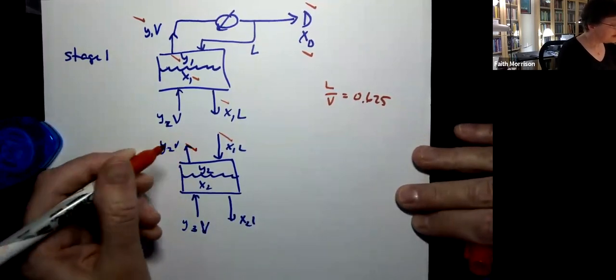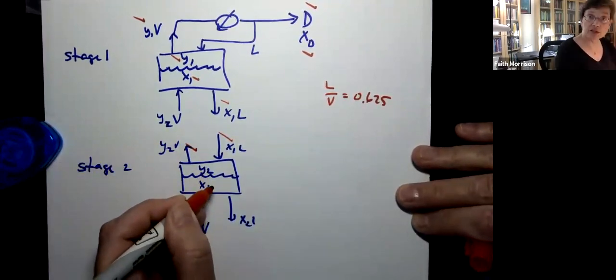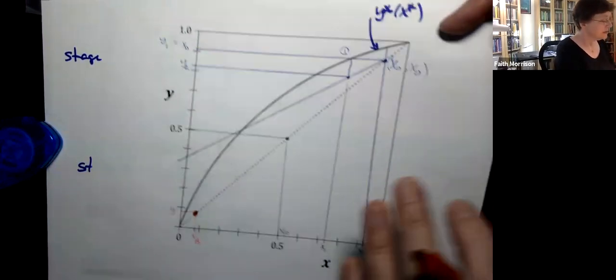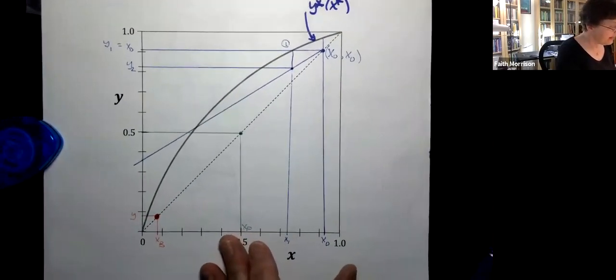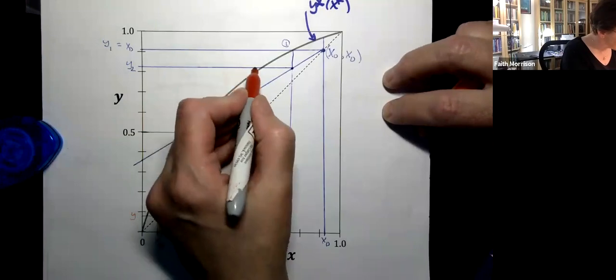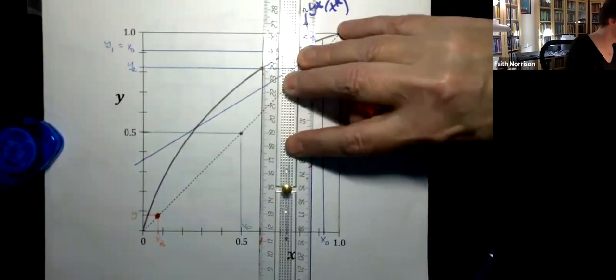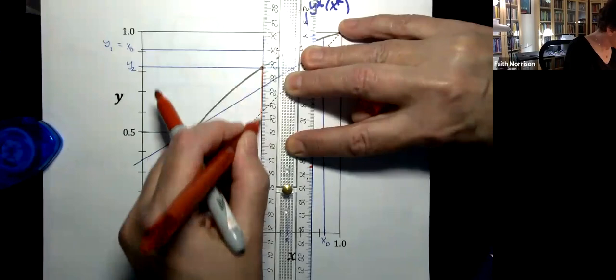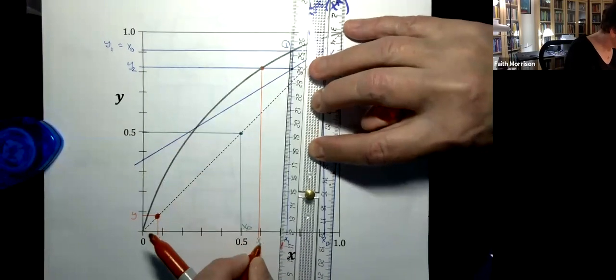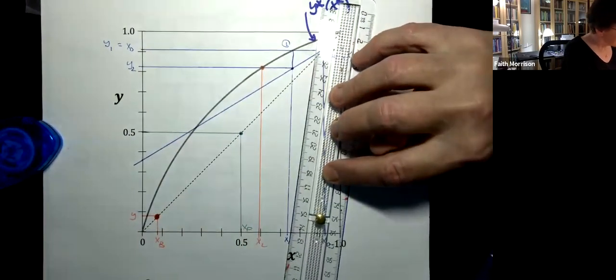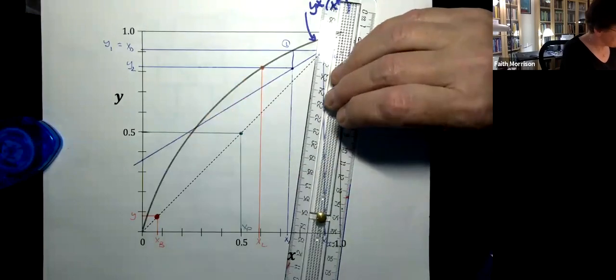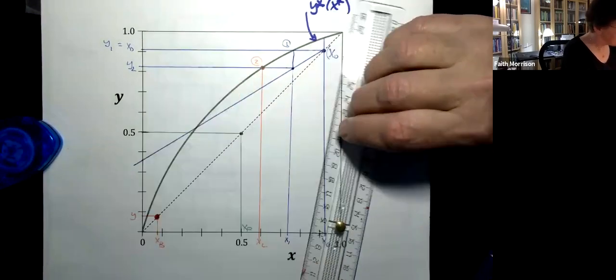If we know Y2, it's in equilibrium with X2. So that means that Y2 in equilibrium with X2 is this point right here. So this point must be X2. And that's the conditions of the second stage.